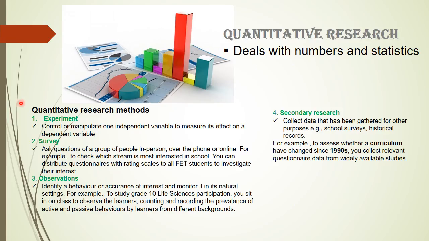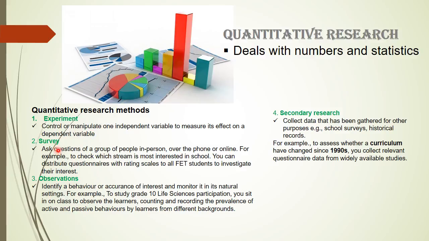Right. Quantitative research methods are divided into 4. It can be experimental, a survey, observation, and the last one is secondary research. In experimental research, you control or manipulate one independent variable to measure its effects on a dependent variable.